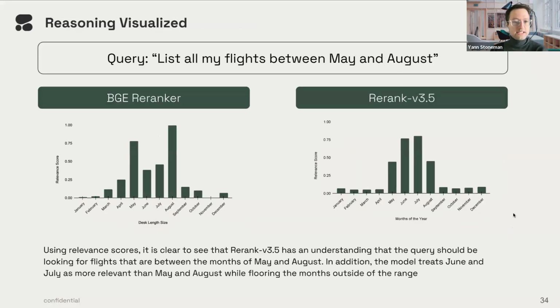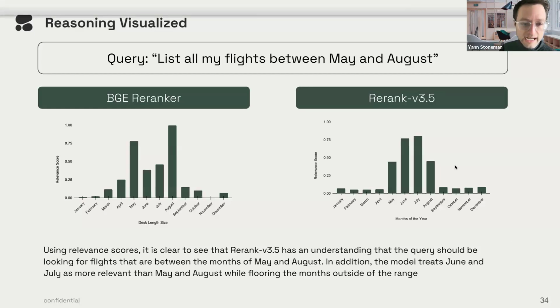Next, yep. So also date understanding. So between May and August, and you can just see that visually here. Previously, with other rerankers, you would get May and August boosted because of those words showing up there. But now you have the concept of time in the model itself.